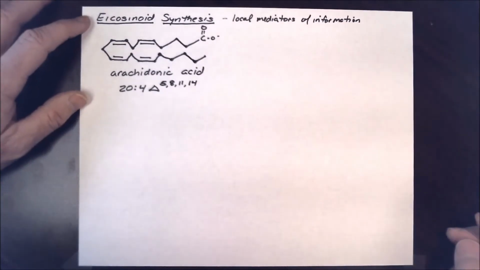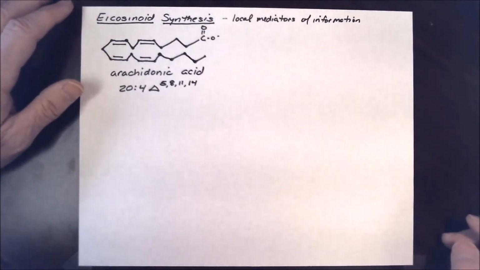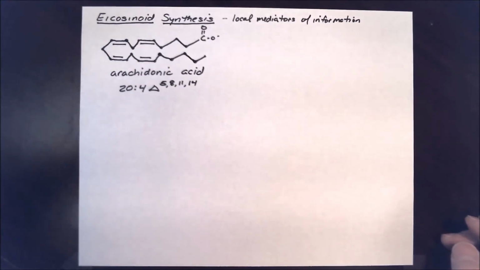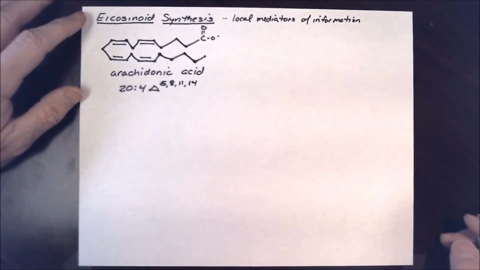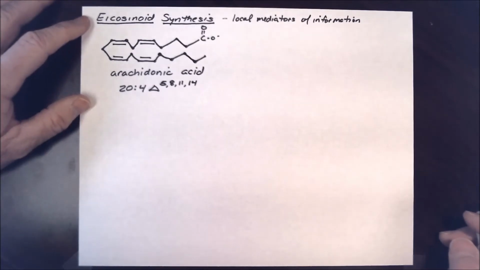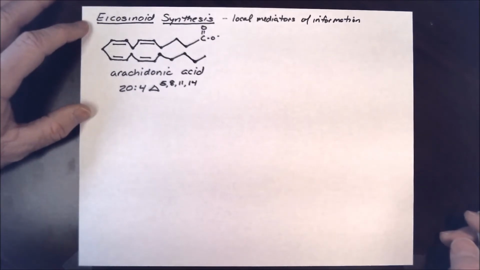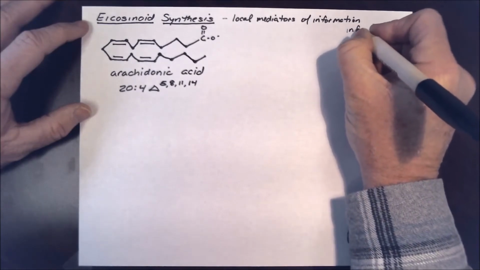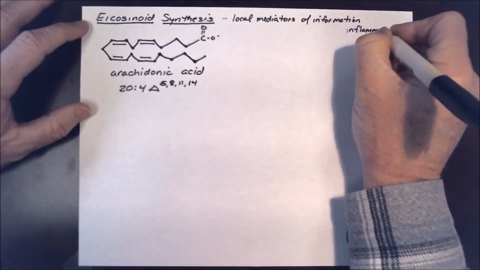So we've seen so far with insulin and glucagon, these are endocrine hormones that are able to communicate information throughout the entire body, that being either a fed or fasting state. But occasionally we need to have local mediators, local information to provide for adjacent cells, and this is typically involved in inflammatory reactions.